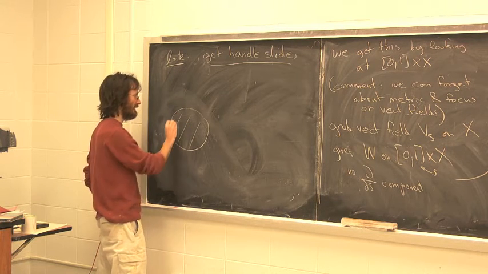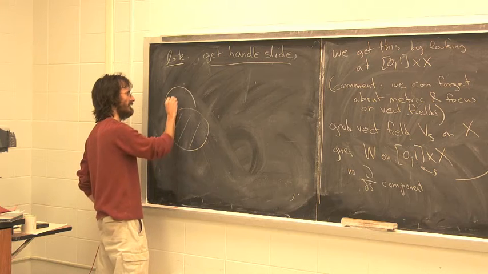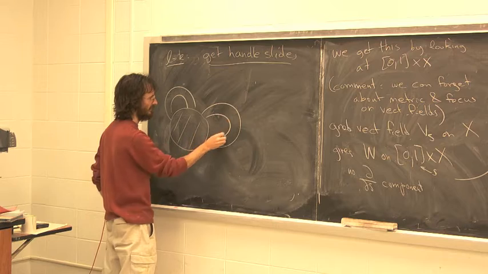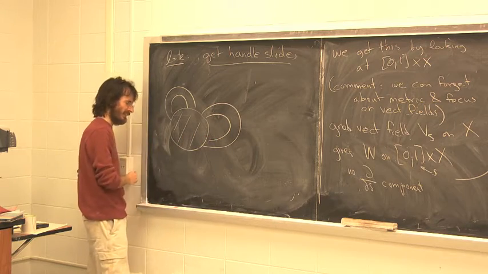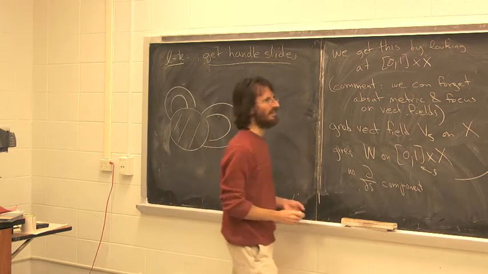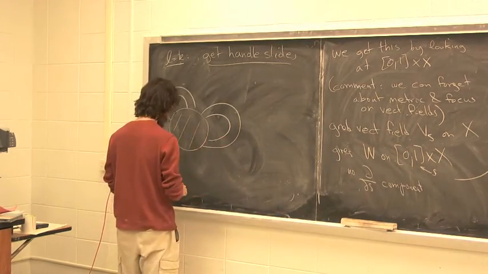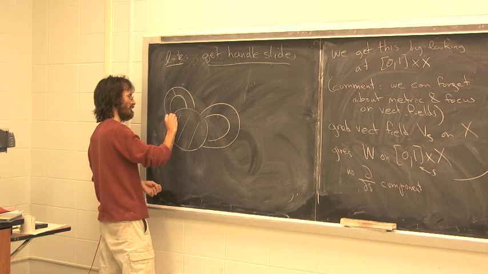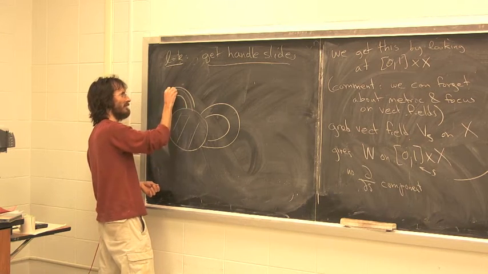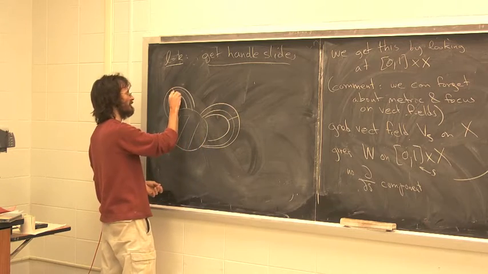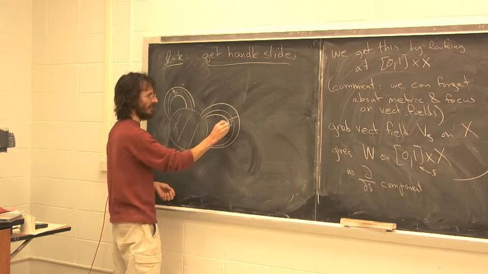So suppose I have a 0 handle and a 1 handle, and then another 1 handle. So they're the same index. Let me draw the ascending and descending manifolds for these two. First of all, where are the critical points? The critical points are right smack in the middle of the handles, right? So this is P, which is the lower one, and this is Q, which is the higher one.